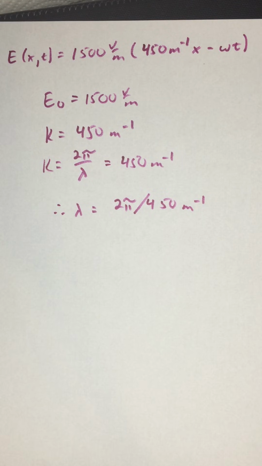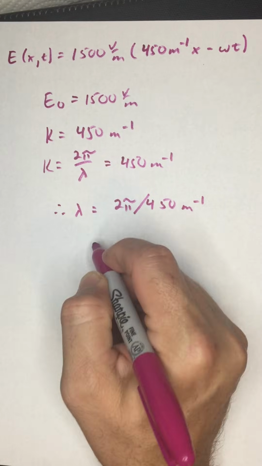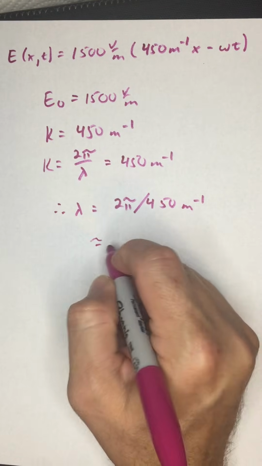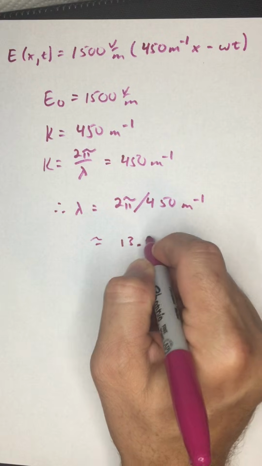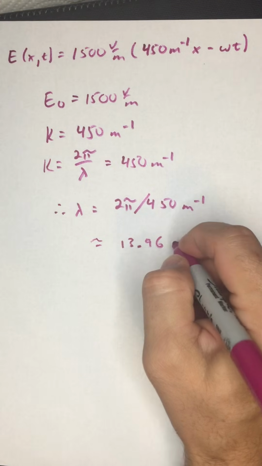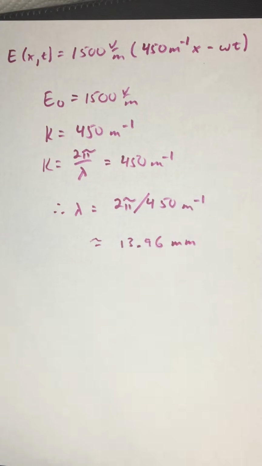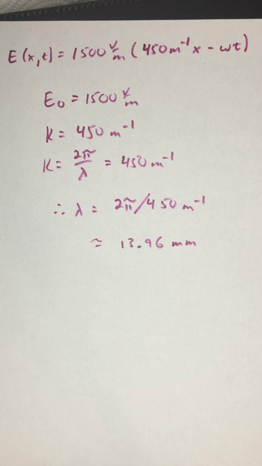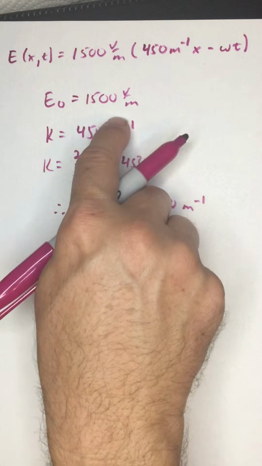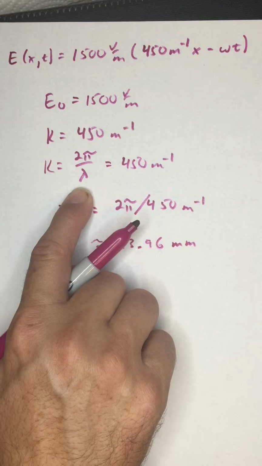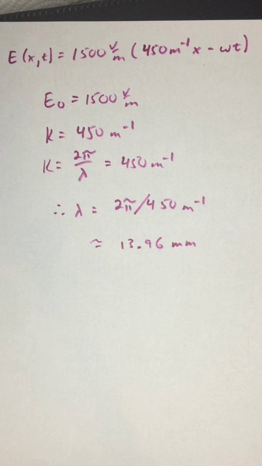Forgot to pull up my calculator. Let me do that. Looks like I get that my wavelength is about 13.96 millimeters. Somewhere about there. I got 0.01396, so it's about 13.96 millimeters. I just read it off there and then applied this simple equation, right? Make sure I did the algebra correctly.